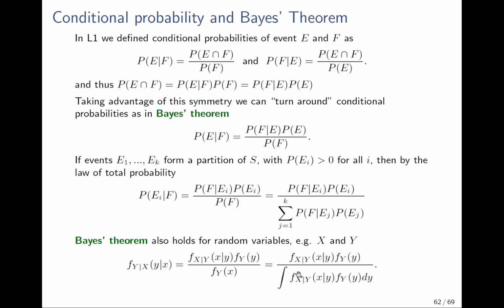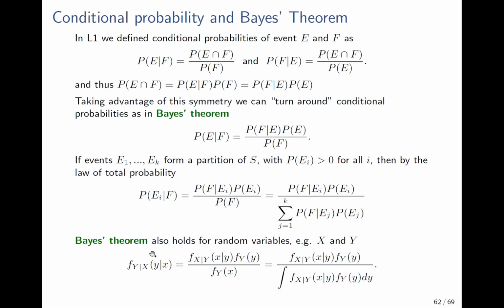Written here as an integral because if we integrate y out of that joint density of x and y, as we know, we're going to end up with the marginal density of x. So it's not a great leap to get from this to this. All we're using is the relationships that we have between conditional, joint, and marginal distributions.